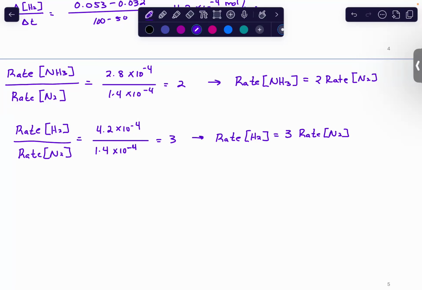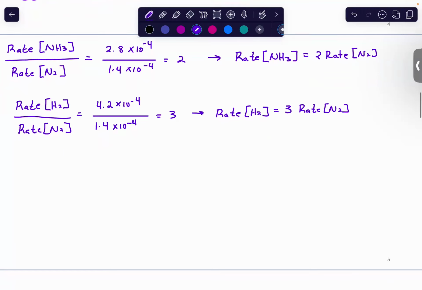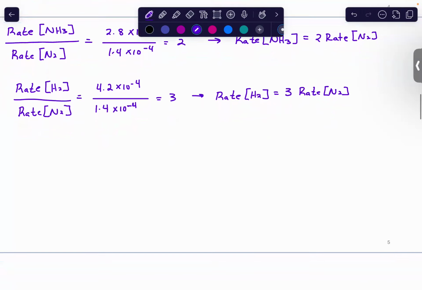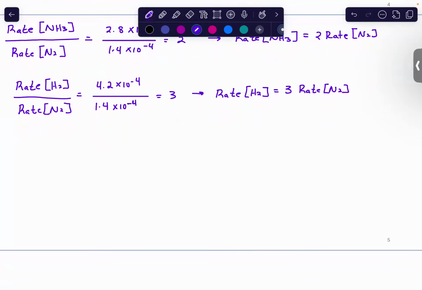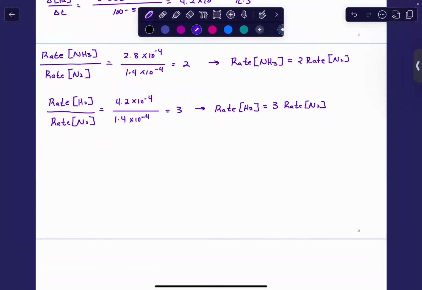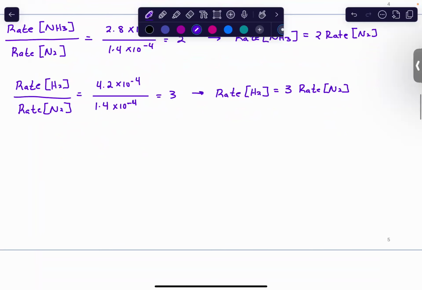So we got that. Let's look at a longer time scale. You're going to use the exact same procedure, but sometime look at 150 to 300 seconds. Because again, you're just going to take numbers from the table and do this same process over again and see what the ratios end up being.